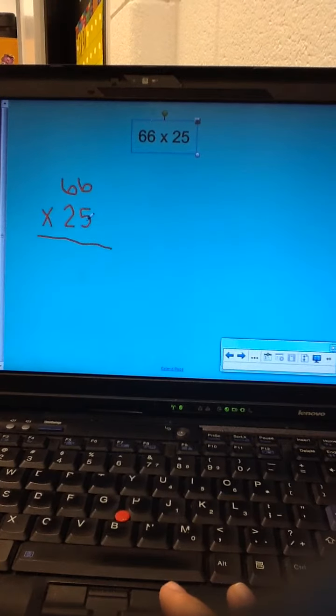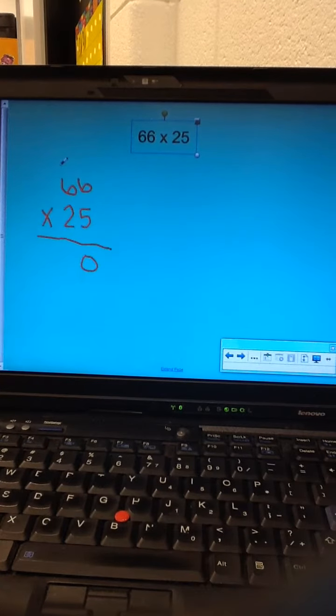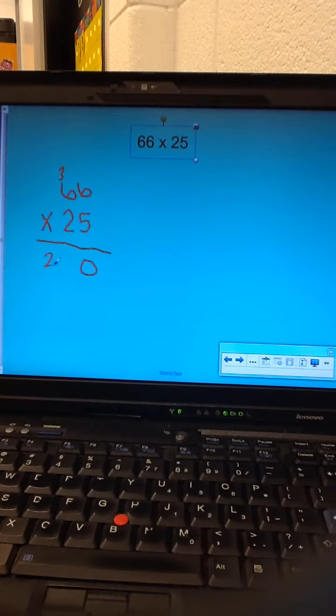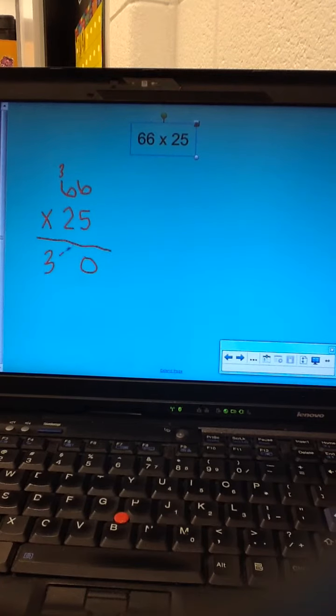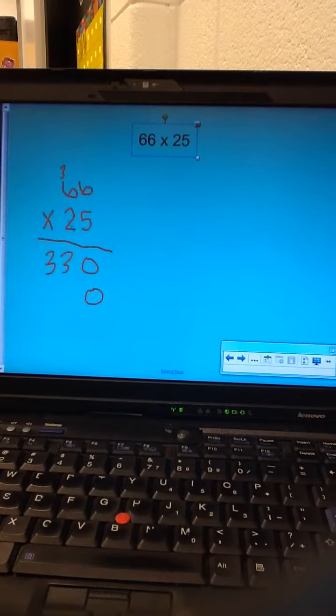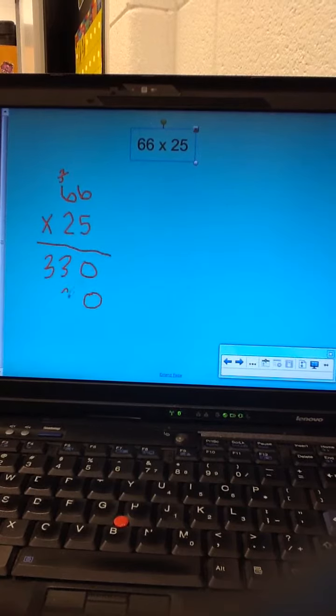Hopefully you and your group started out and you multiplied 5 times 6, which is 30. Carry your 3. And 5 times 6 again is 30, plus 3 is 33. Then hopefully you remembered that ever important step of bringing down a 0 to hold the place value. And 2 times 6 is 12.